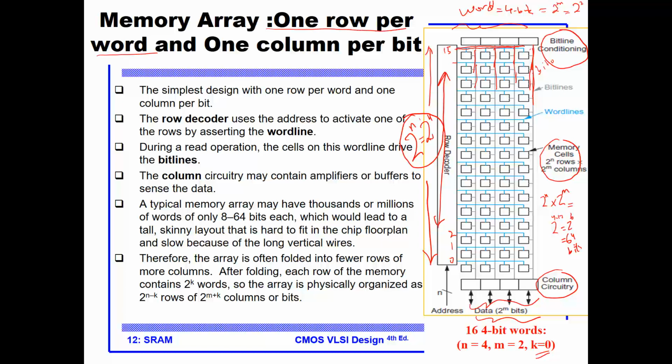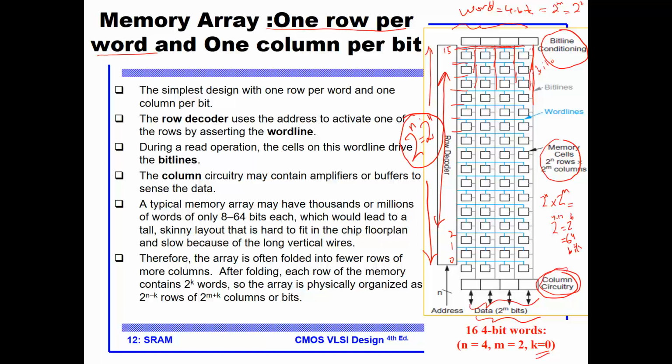So this row represents a word, a word, a word. But once we start folding, one row represents more than one word, and the column circuitry has to choose the correct word.